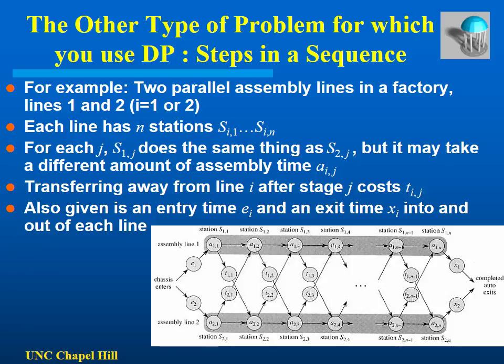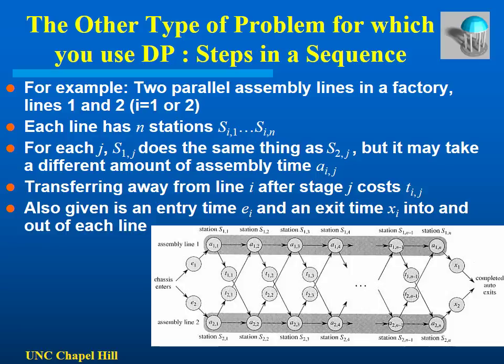Okay, so that t sub ij is the time for when you're at stage j and moving on to stage j plus 1, of switching from, if i is 1, from 1 to 2, or if i is 2, from 2 to 1.